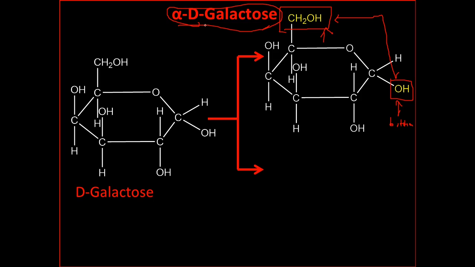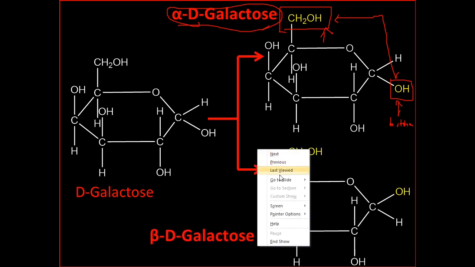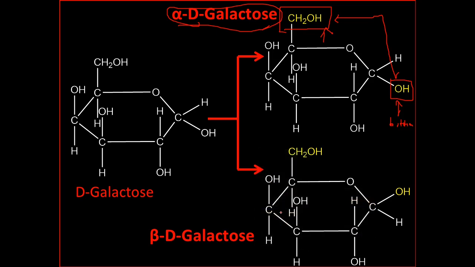What about if both of these attaching compounds are on the same side? This will be called the beta-D-galactose. Okay? To make it easier to understand, look at the symbol beta in the word both.